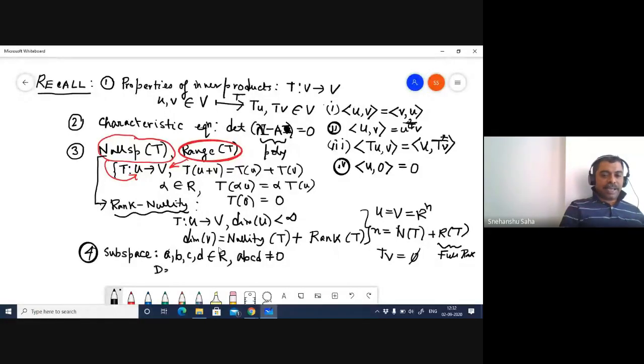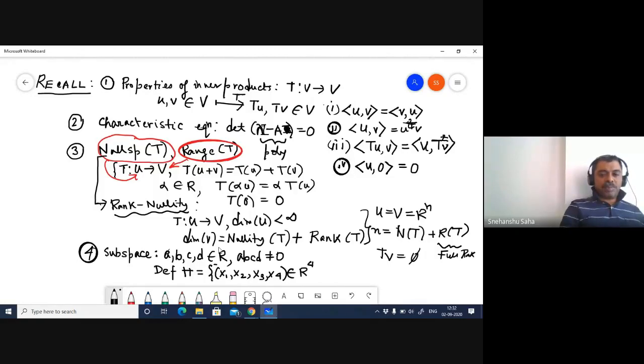I define a space H in this manner, that it contains an ordered quadruple of vectors, right?